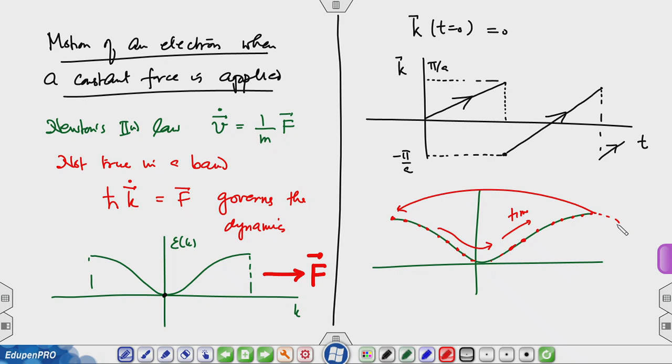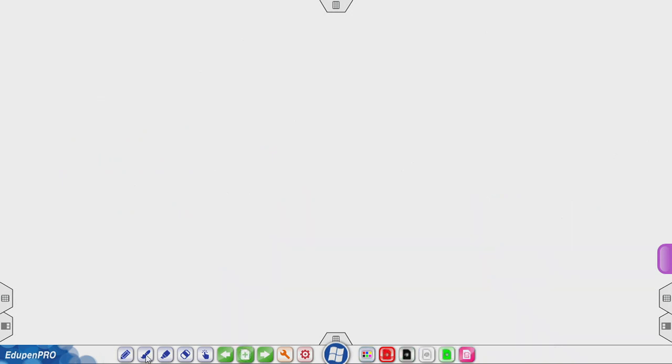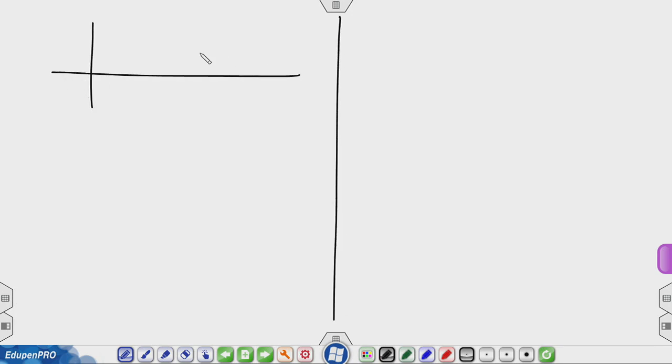And let us see what happens to the corresponding velocity. So, if I were to plot k versus time, this is what is happening.